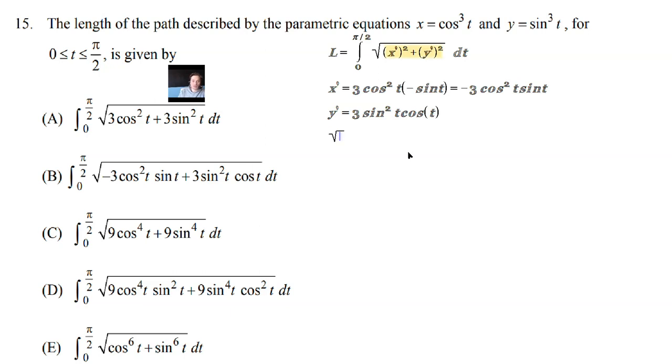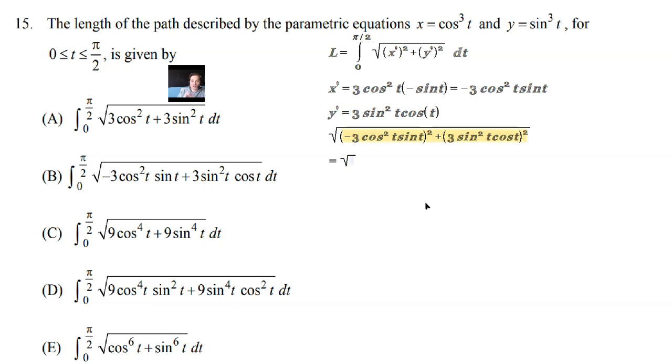Then you have to build up the square root expression. That expression is the square root of negative 3 cosine squared t sine t, this quantity squared, plus 3 sine squared t cosine t, this quantity squared. You have to simplify this and clean it up a little bit. On the square root symbol, there's a 2 in this position, so distribute it to the negative 3, the cosine squared and the sine t.